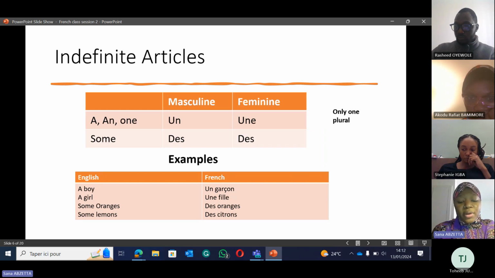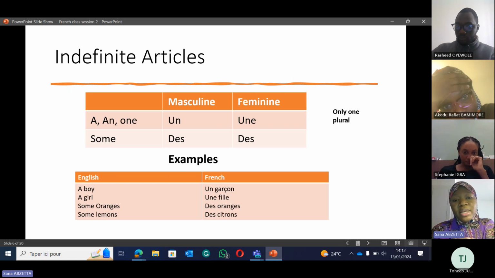If it's plural, in English it's not mandatory to use an article, or you can use "some". In French, you have to use des, which means it's plural. What is simple here is that you only have one plural. But if it's singular, you have to know if it's masculine or feminine. If it's masculine, you use un, and if it's feminine, you use une.